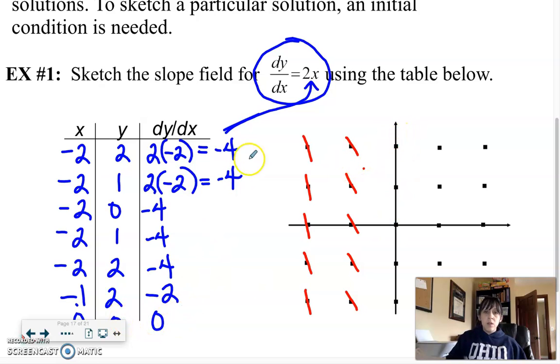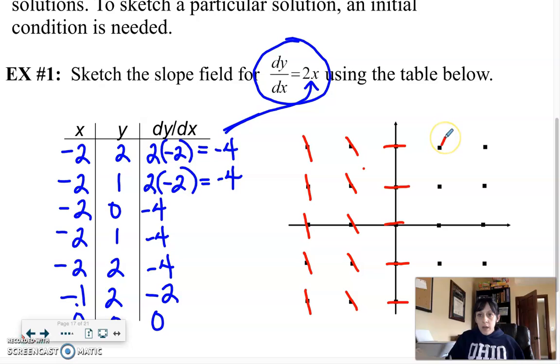What about all the zeros? The zero slope, if I plug it into the differential, 2 times the x value would be a 0 slope. So any 0 x coordinate is going to have a 0 slope, which is just a little flat line. Okay, continue plugging in. All of these points have an x value of 1, and if we plug those in, you would get +2.